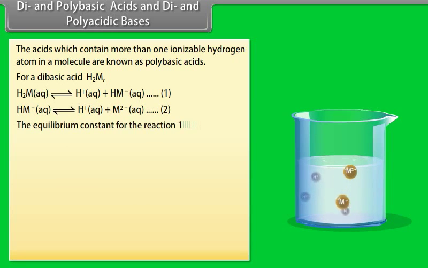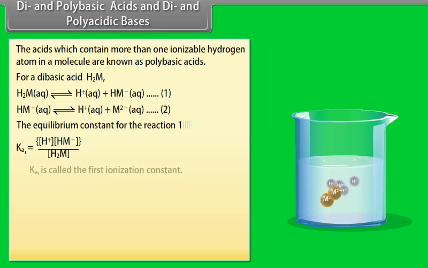The equilibrium constant for reaction 1, Ka1, is equal to [H+][HM-] by [H2M]. Ka1 is called the first ionization constant.